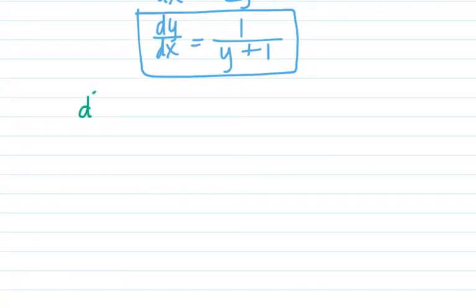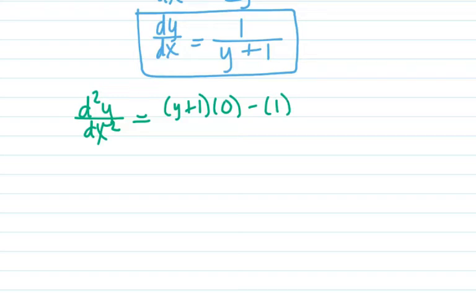And remember our notation for the second derivative with respect to x. Okay, so taking the derivative of the first derivative gives us the second derivative, and we're going to have to do the quotient rule here. So low d high minus high d low.